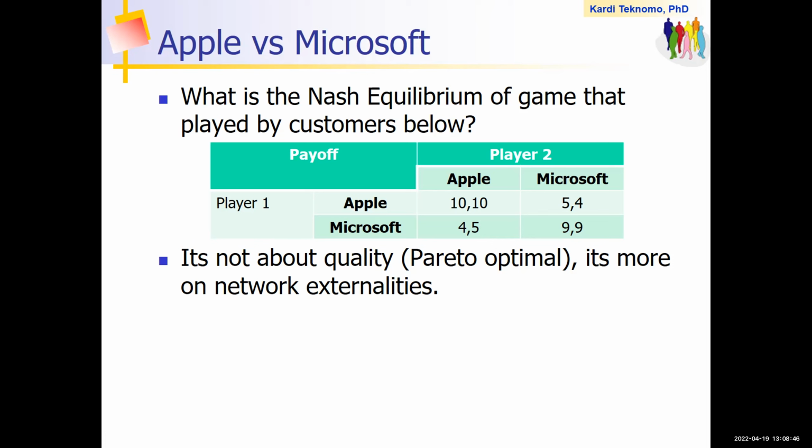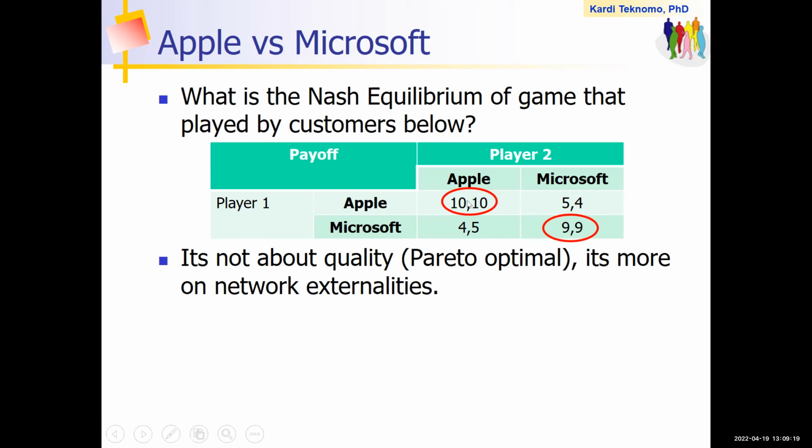So now let's look at the game between Apple and Microsoft, and we have two players, player one and player two. So what is the Nash equilibrium? Right. So Apple, Microsoft, is the Nash equilibrium, right? Correct. So, of course, Pareto optimal is Apple, right?